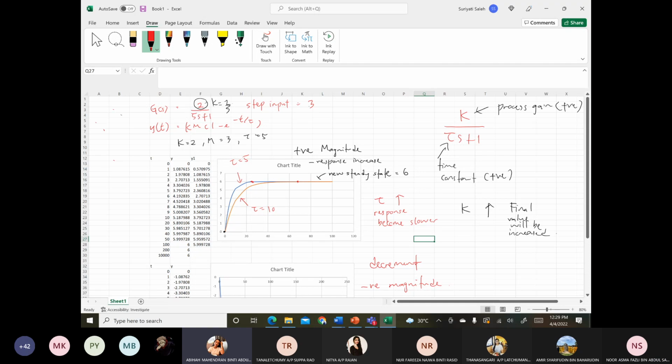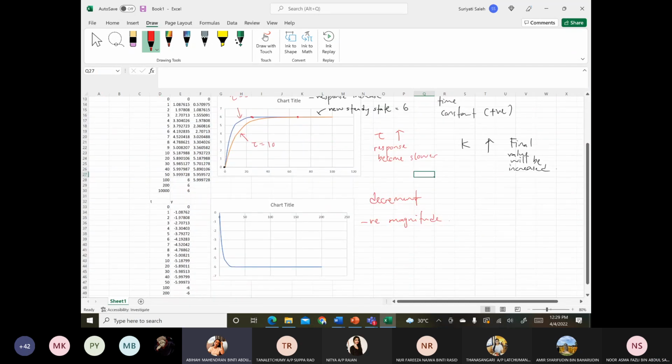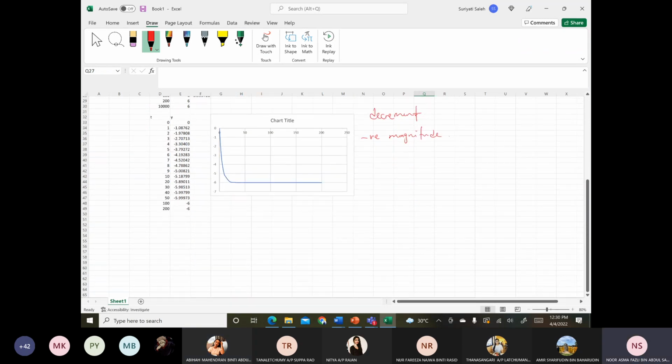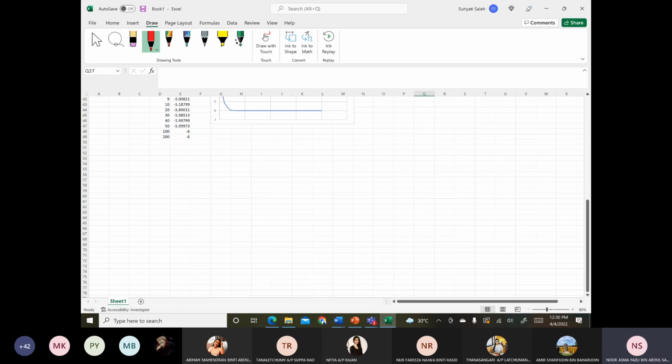What does the magnitude mean, sir? I don't really understand. I mean, what causes the Y(t) to be negative? Alright, so in this case, normally when we want to develop the transfer function, it becomes output over input.